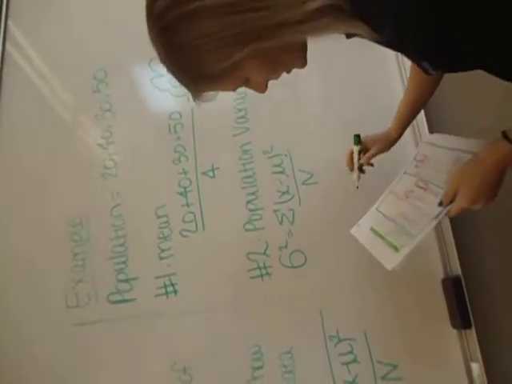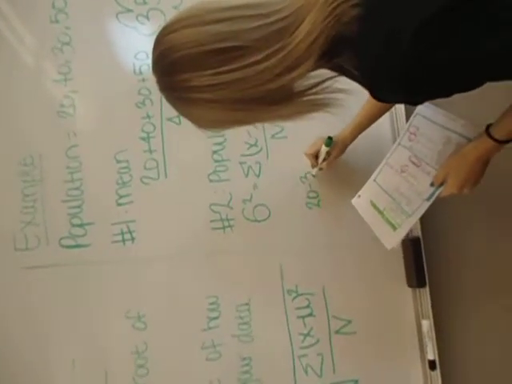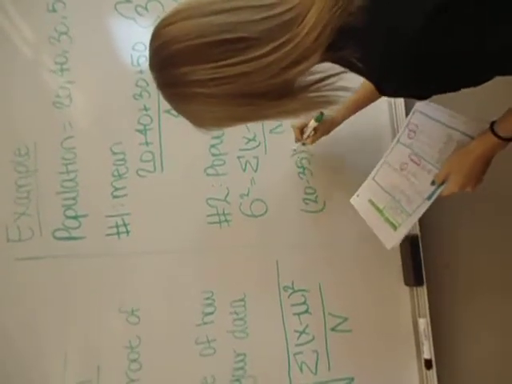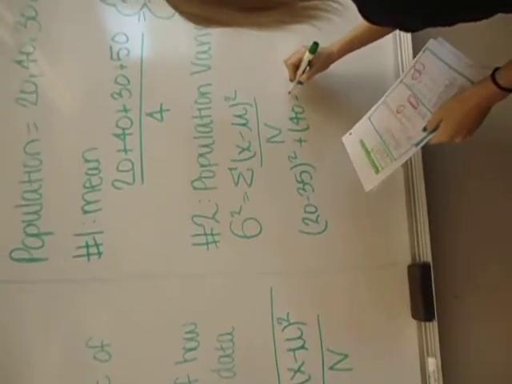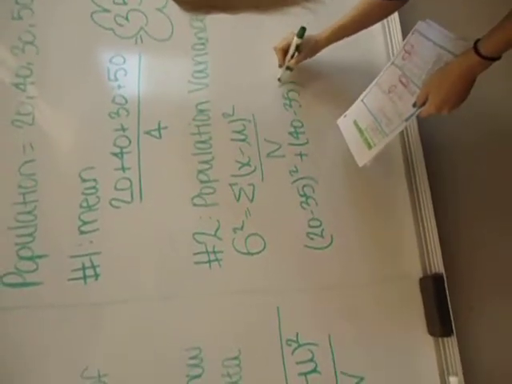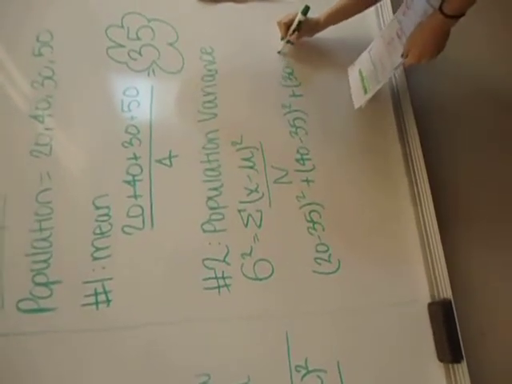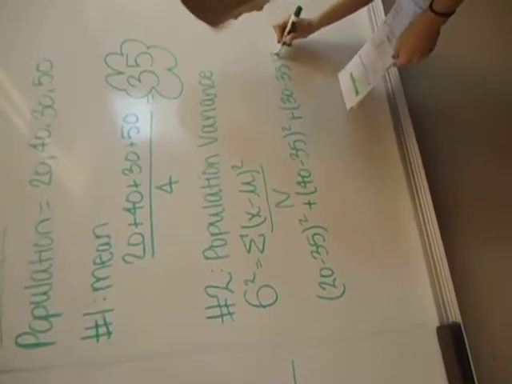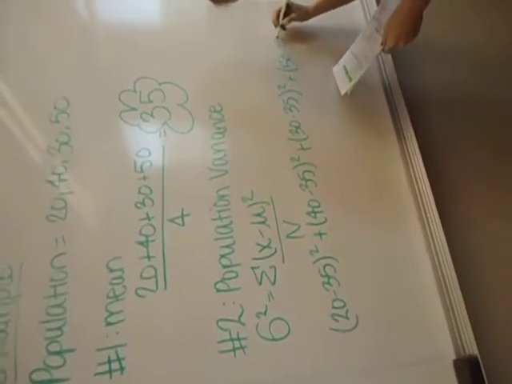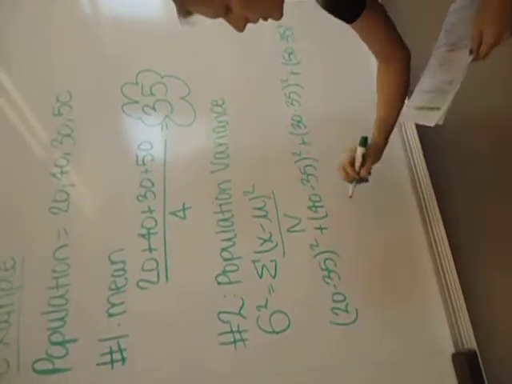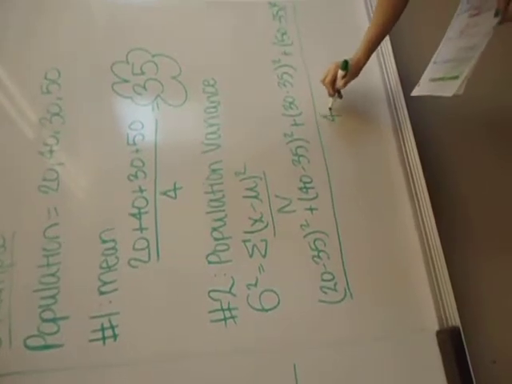So we will have 20 minus 35 squared plus 40 minus 35 squared plus 30 minus 35 squared plus 50 minus 35 squared. And we're going to divide all of this by the number of variables, 4.